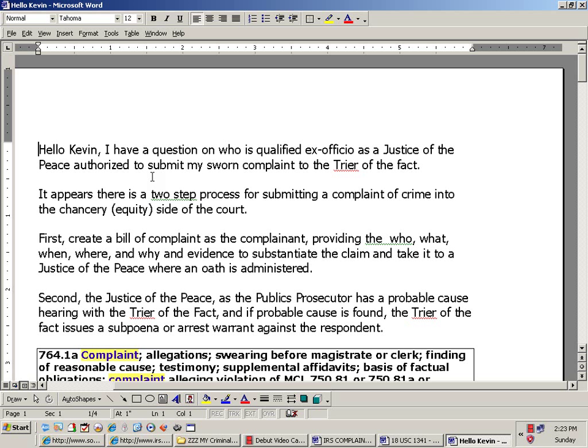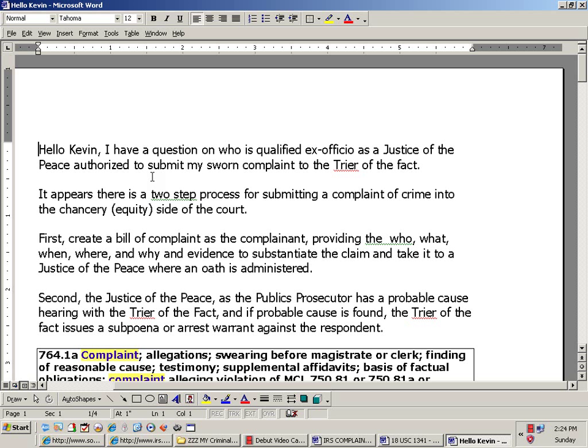Hello, Kevin. I have a question on who is qualified ex officio as a justice of the peace authorized to submit my sworn complaint to the trier of the fact. It's really what I want to know. Who do I go to first so that it can be submitted to the trier of the fact? It appears as a two-step process for submitting a complaint of crime into the chancery equity side of the court.